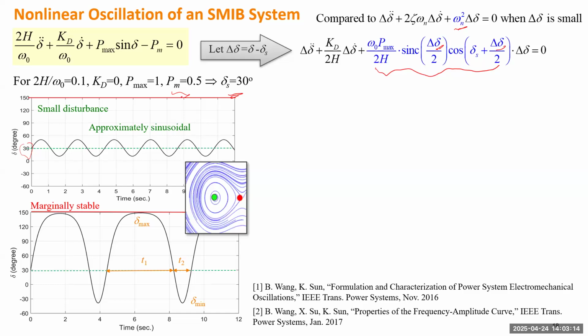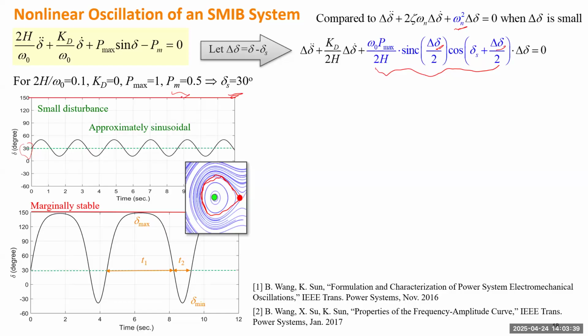That can be explained if you consider this phase space trajectory. When it oscillates around the stable equilibrium, it's not symmetric. When it gets closer to the unstable equilibrium point, the amplitude can be bigger, and on the other side it is smaller. So it's not a symmetric waveform.